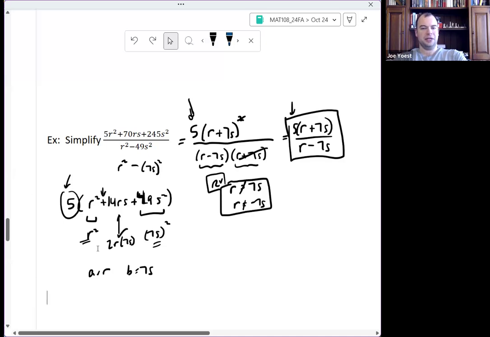So especially on problems like this, where there's a lot of moving parts, a lot going on, double check at the end that your answer makes sense with the original problem statement, and that helps to avoid silly mistakes like this.